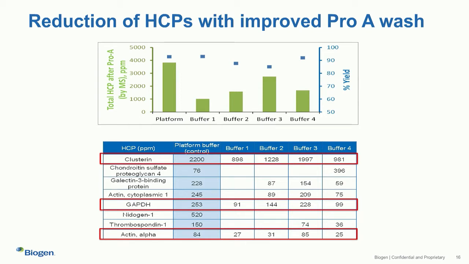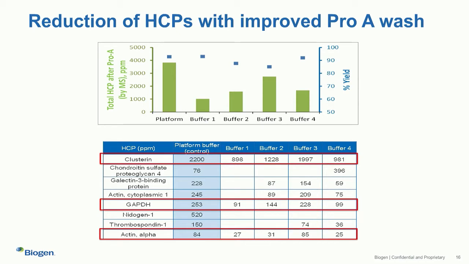The table below summarizes the top 8 host cell proteins detected when different wash buffers were used. We found that when the platform buffer was used, 8 host cell proteins were detected at significant levels, from 84 ppm up to 2200 ppm.